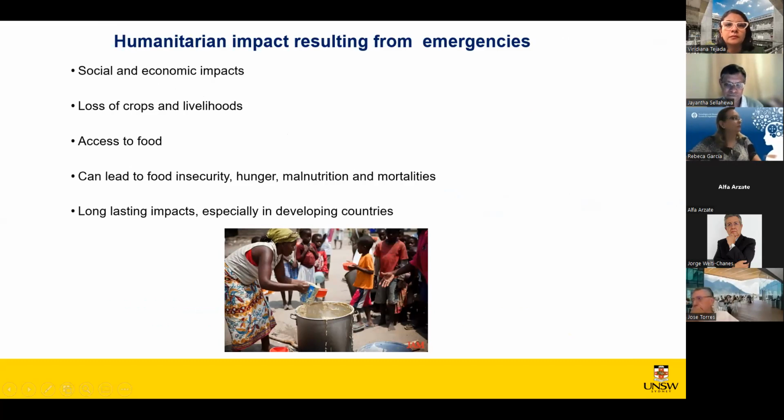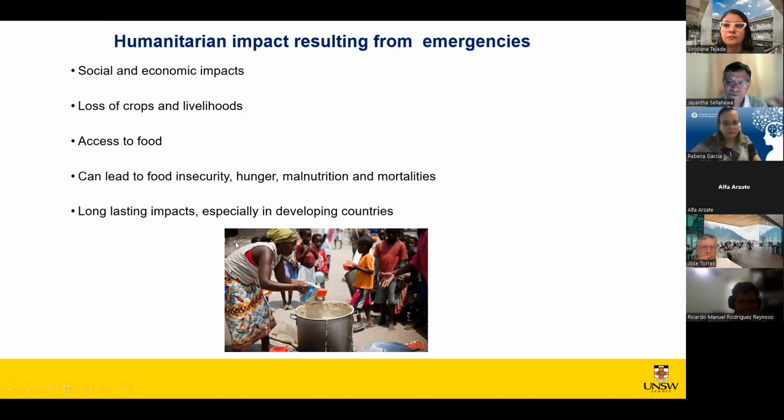When there's a flood or a drought, there won't be any local crops, which means people won't have food. So this can lead to food insecurity, which will result in hunger, malnutrition and even mortalities.